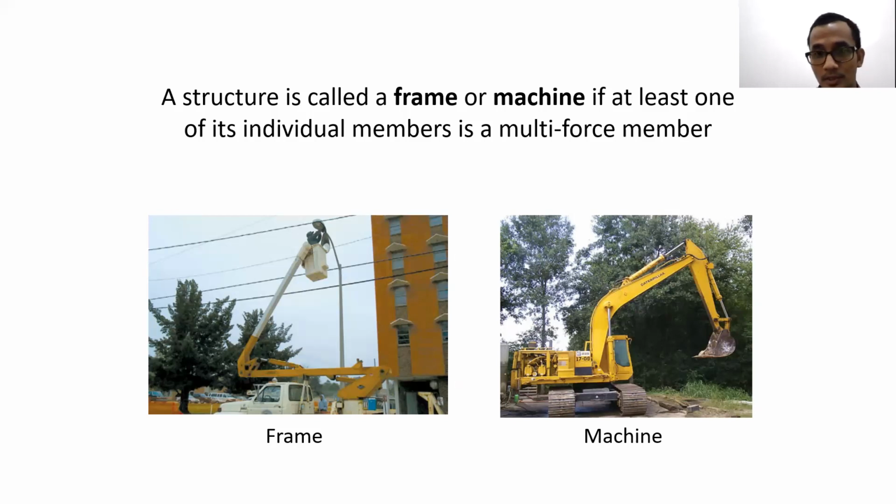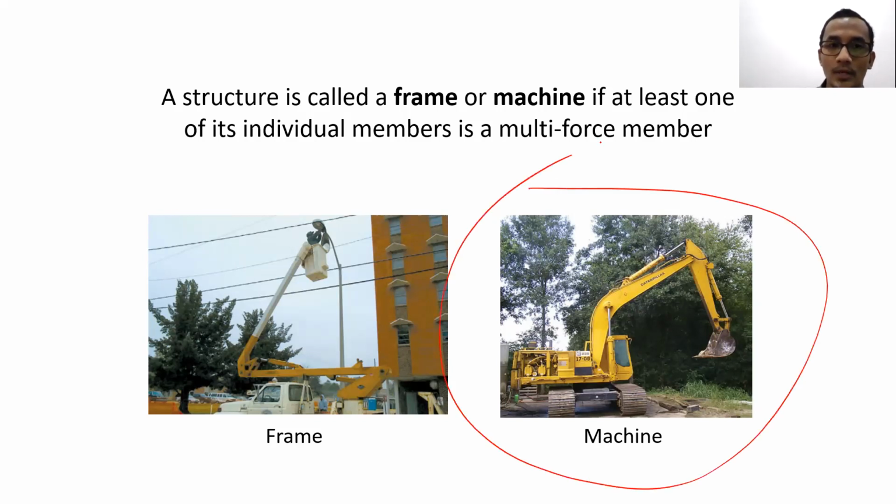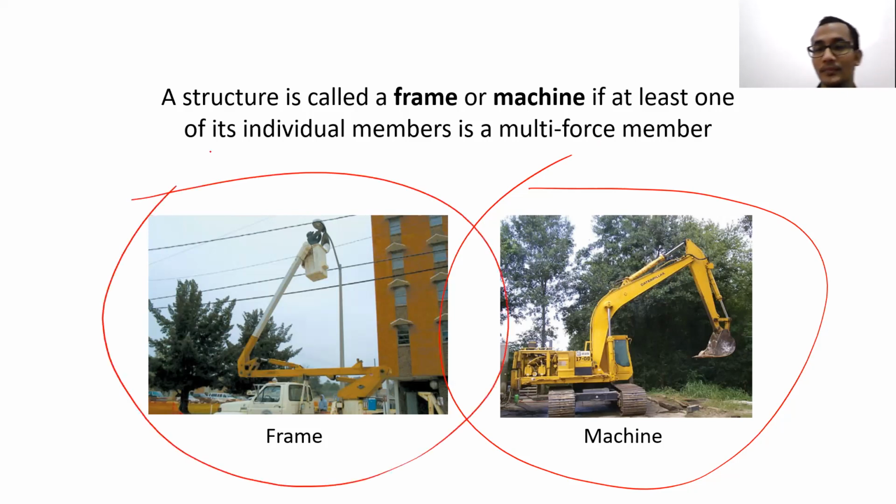What is a frame and what is a machine? When we have a mechanism, normally we call it a machine. But when it normally only holds certain weights, we call it a frame.